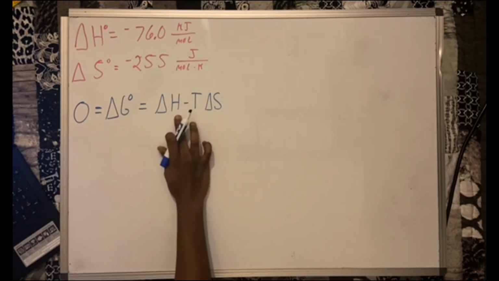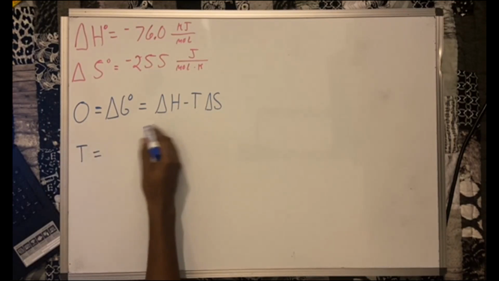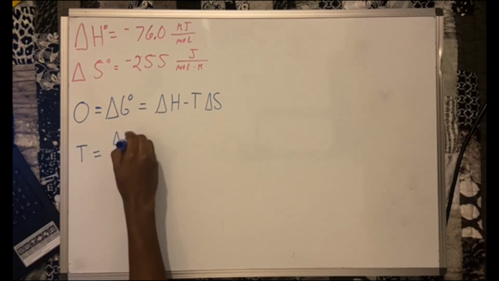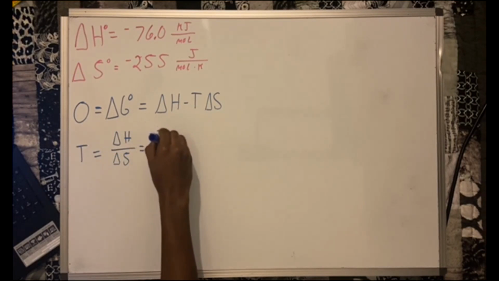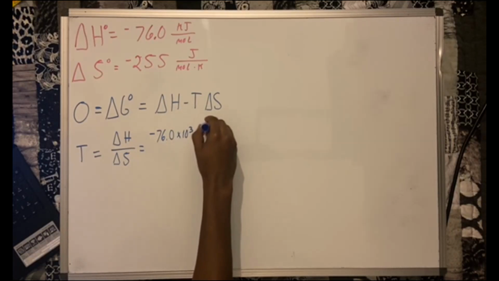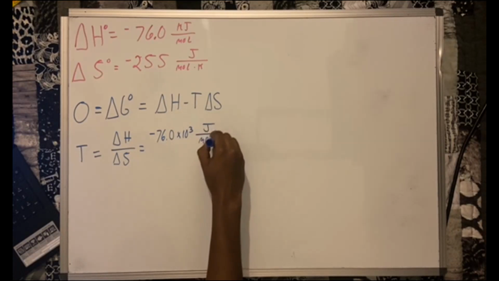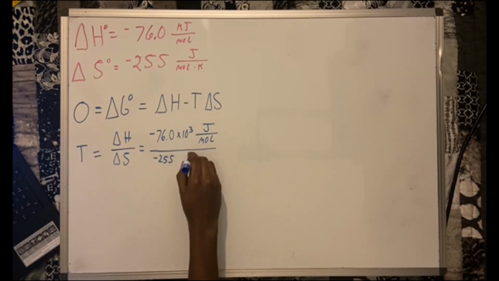So if I solve for T real fast, I solve for T right there. So delta H over delta S, right? I need those to be in the same units. So negative 76 times 10 to the 3 joules per mole over negative 255 joules per mole Kelvin.